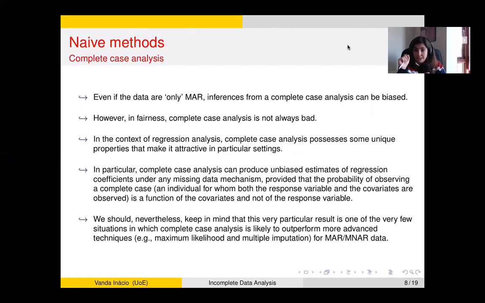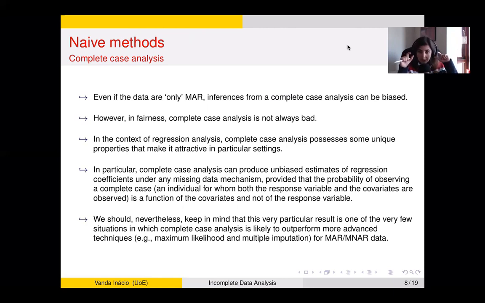The complete case analysis can produce unbiased estimates of the regression coefficients under any missing data mechanism, be it missing completely at random, missing at random, or missing not at random, provided that the probability of observing a complete case, and by a complete case we mean an individual for whom both the response variable and the covariates are observed, is a function of the covariates and not of the response variable.